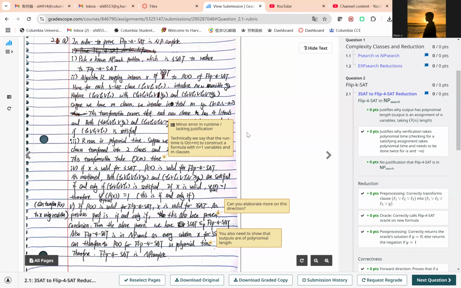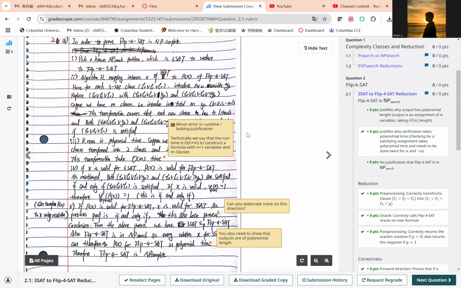The resolution guarantees this. Previously, from 3SAT, for each clause we create two clauses, one with yk and one with negative yk.